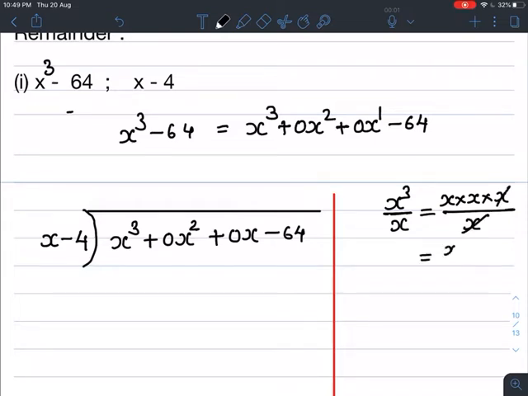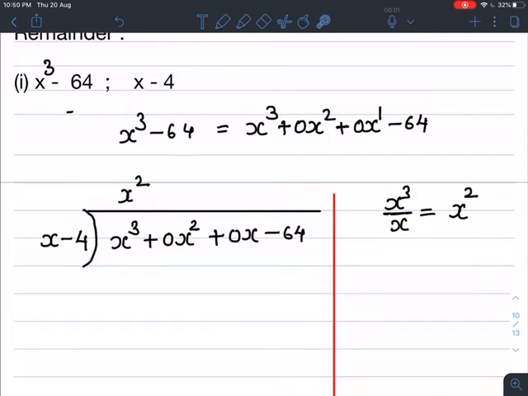You will get x into x, means x square. So x cube divided by x will be x square. Or we can think in this way, a raised to m divided by a raised to n is a raised to m minus n, so 3 minus 1, it will be 2. So this x square we got, I can write x square here.